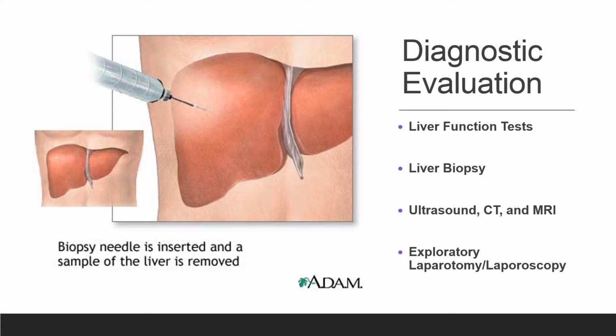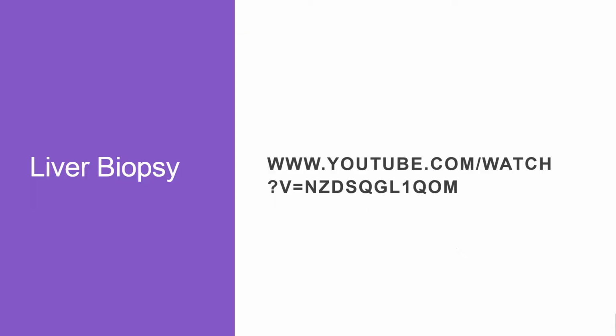An exploratory laparoscopy is whereby a fiber optic endoscope is inserted through an incision in the abdomen to examine the liver and other pelvic structures. This may be used for biopsies, tumor staging, and to identify causes of ascites. And this link to a liver biopsy can give you more insight so that you can see it being done.